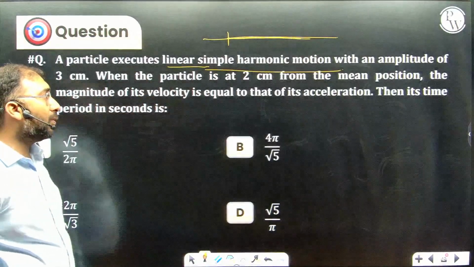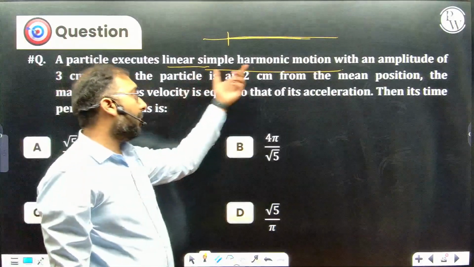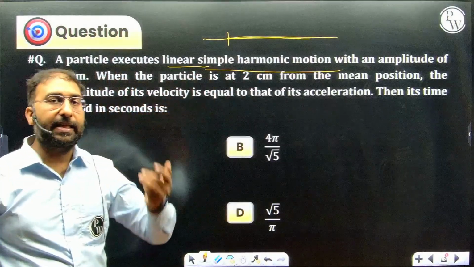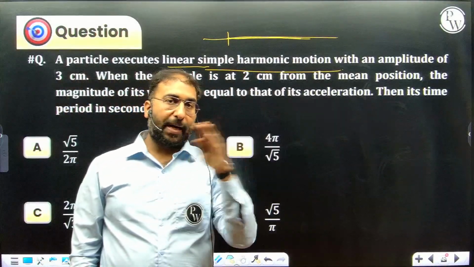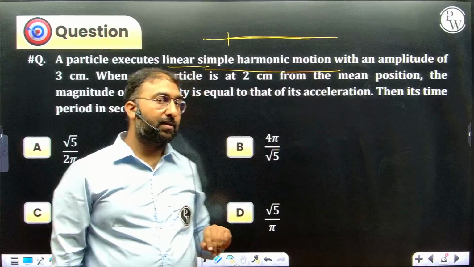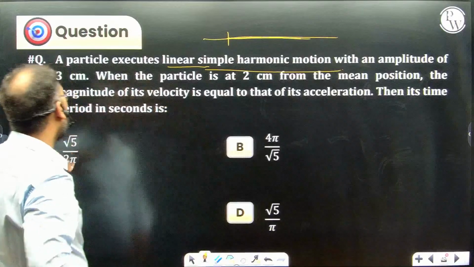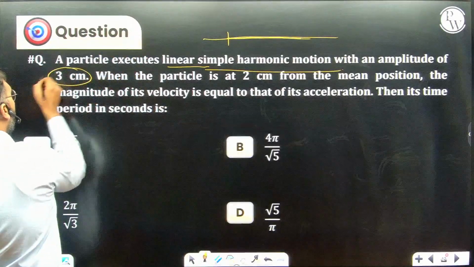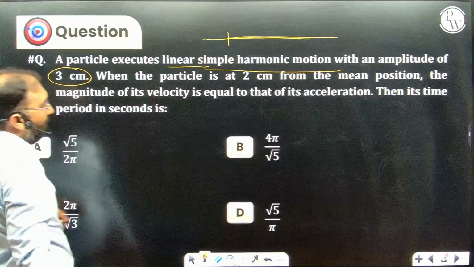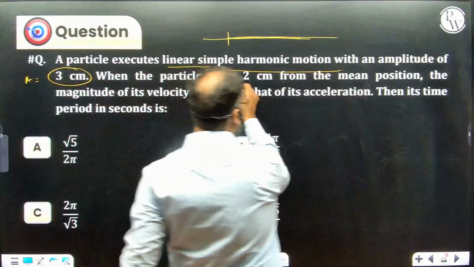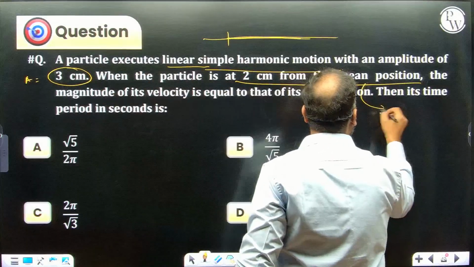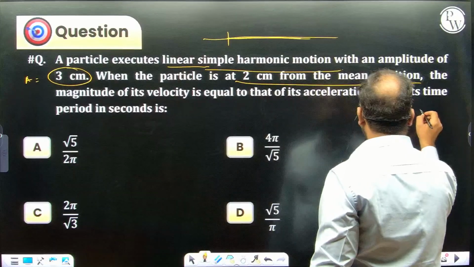We also have angular SHM, but we are not having the case of angular SHM here. This is linear SHM. Particle is traveling along a straight line path with an amplitude of 3 centimeter. When the particle is at 2 centimeter from the mean position, means the displacement from the mean position is 2 centimeter.